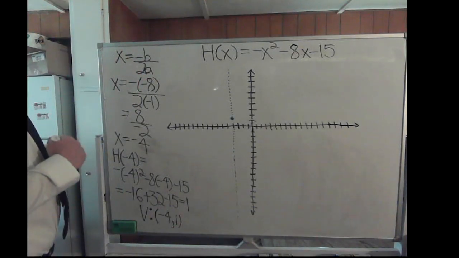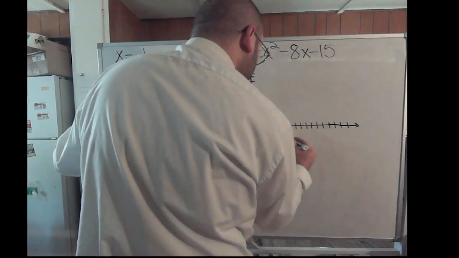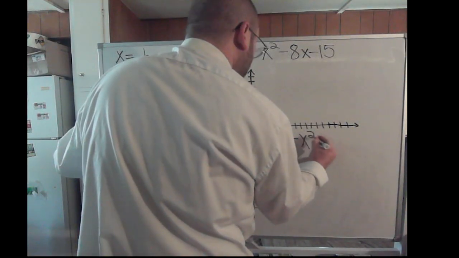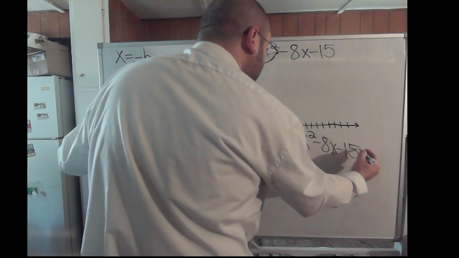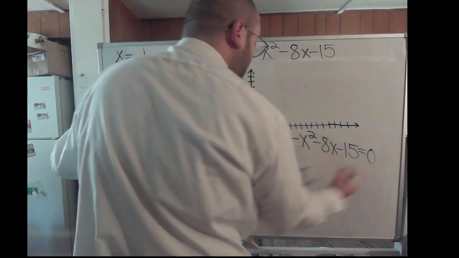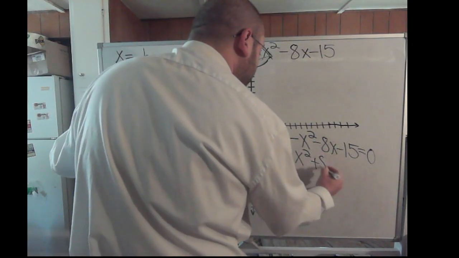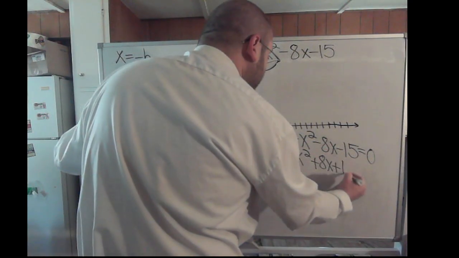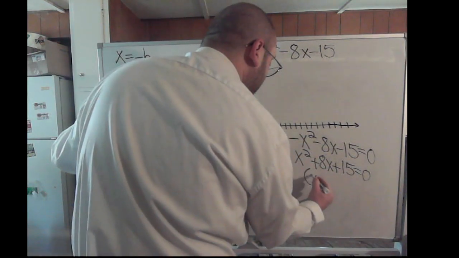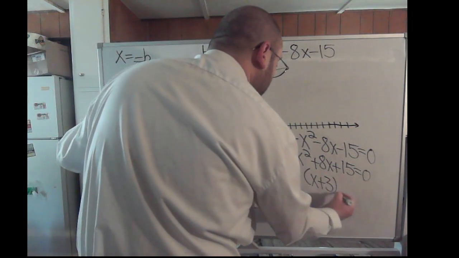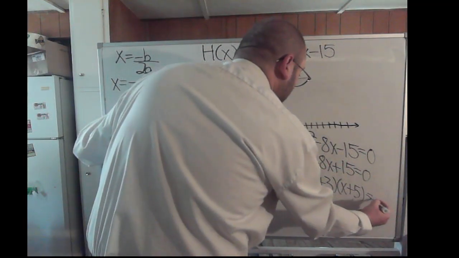Next thing I might recommend is finding your x-intercepts. So we'll set the function equal to 0: negative x squared minus 8x minus 15 equals 0. Factor out a negative 1, you get x squared plus 8x plus 15 equals 0, which will simply factor into x plus 3 times x plus 5 equals 0.